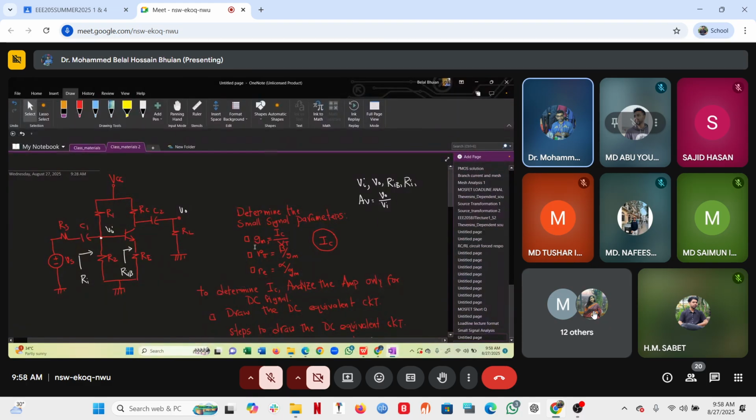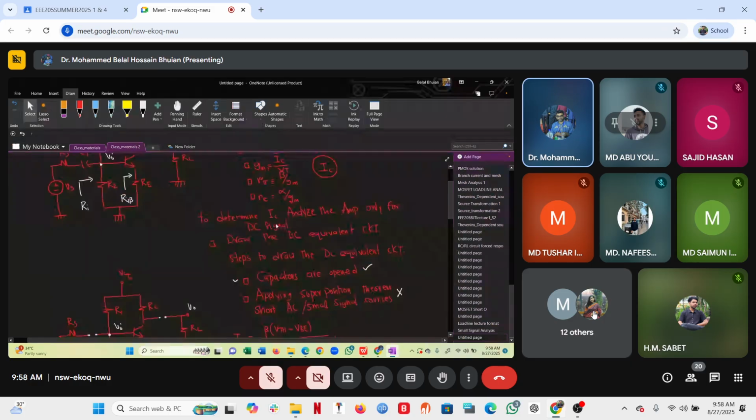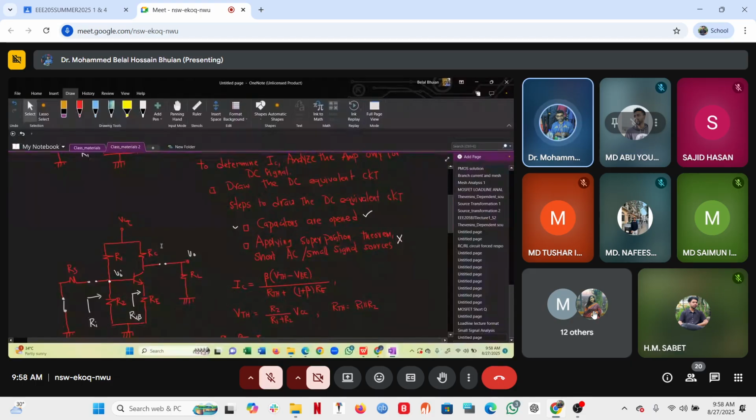Right? Okay. And what is GM? It is DC IC divided by VT. So that means I have to determine DC IC. What should we do? I need to draw the DC equivalent circuit and analyze it. So what did I do? In order to draw the DC equivalent circuit, I opened the capacitor, and we could also remove the AC signal source.